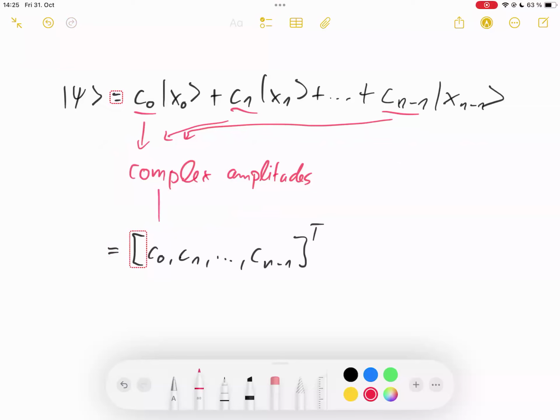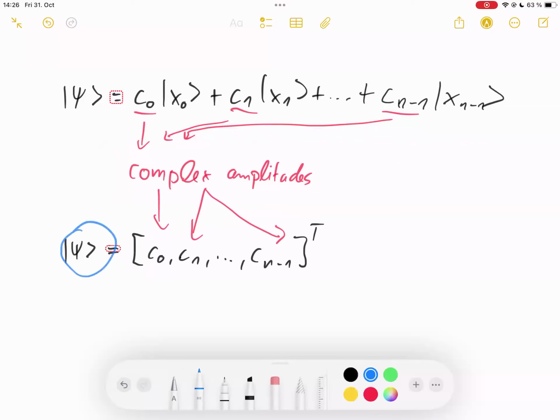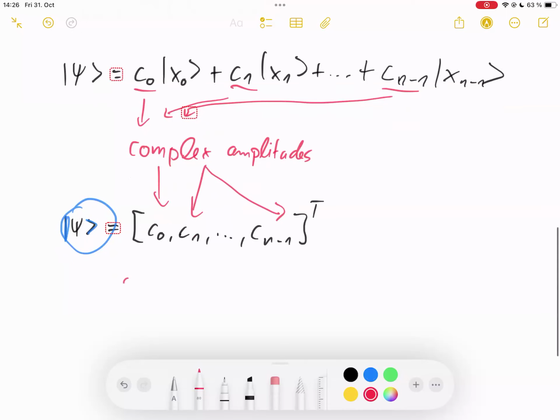So these are the complex amplitudes that we put in there. And almost all the time, we describe a quantum state using this notation, psi ket. And the ket is these two symbols to the left and right. And this psi ket is a superposition, also an important word that we looked at already in the past.